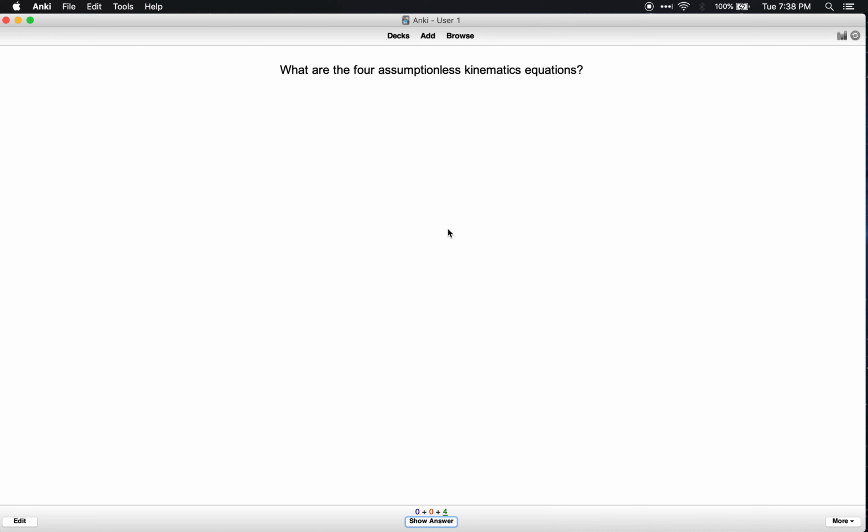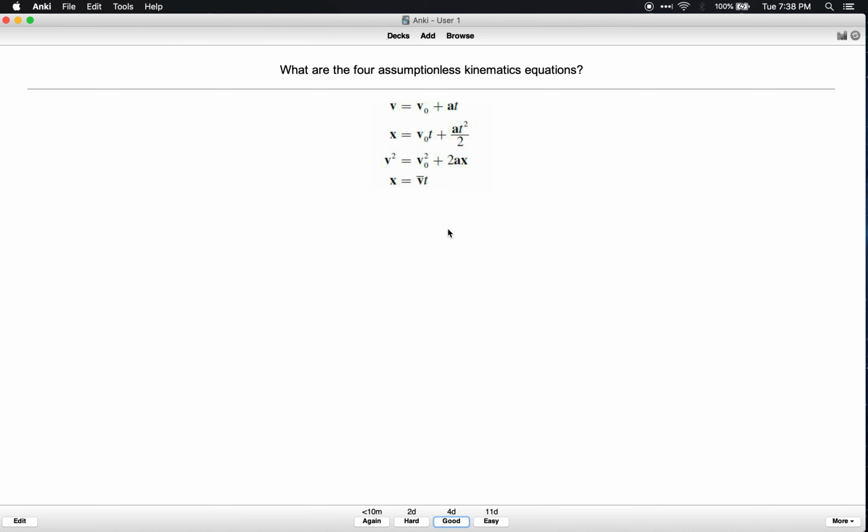You have x equals v naught t plus 1/2 at squared. And you have x equals v bar t. Oh, okay, almost got it.